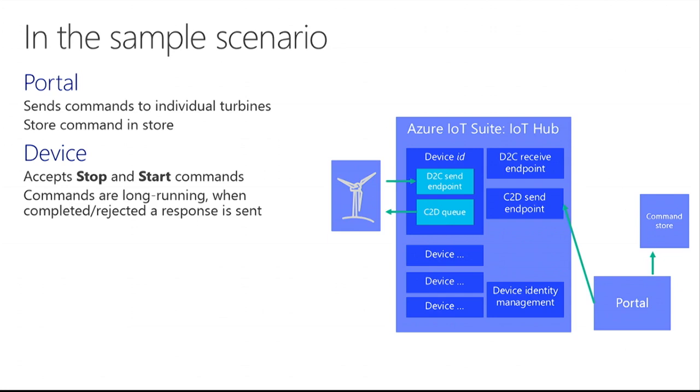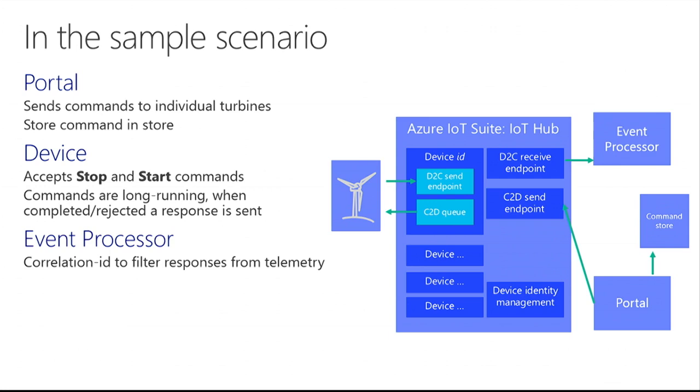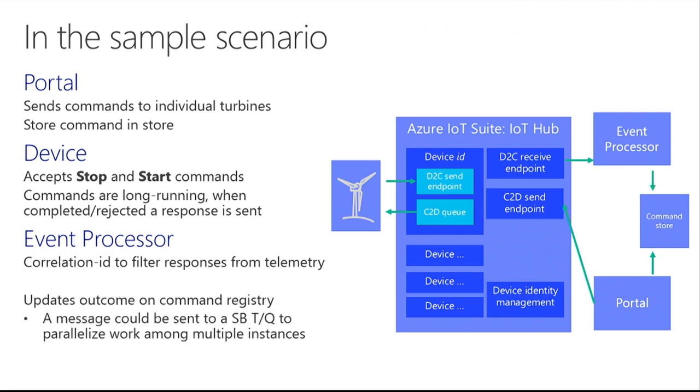These commands are also long-running, and when they are completed or rejected, a response is sent through the device-to-cloud send endpoint. The event processor then uses the correlation ID property to filter the responses from the telemetry. In the case of responses, the command in the command store is updated with the correct outcome. This is a very simple tracking of the commands.